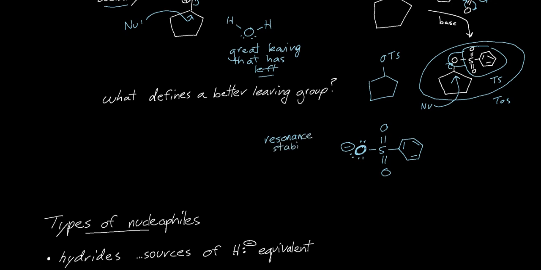And if you have to review resonance, I would suggest doing that soon. We use resonance arguments to explain a lot of things. Resonance is not reactions. It has arrows that show the distribution of electrons.